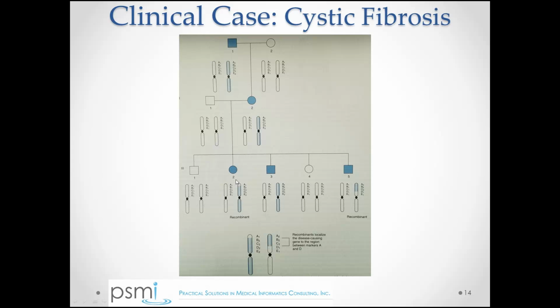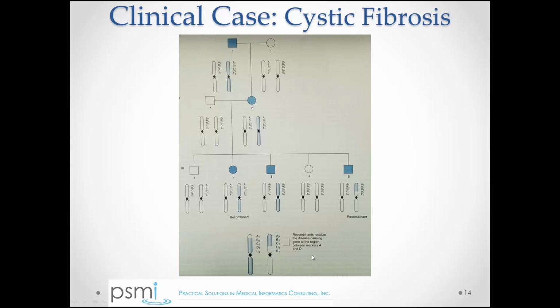And so based on the study of the markers, while we don't necessarily yet know where the culprit gene is, we've been able to narrow down the region. The recombinants localize the disease-causing gene to the region between markers A and D. We know that it's not up above A because we would have seen it during one of these crossover events, or likewise below.